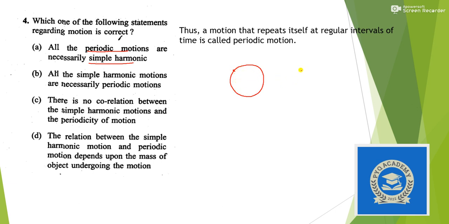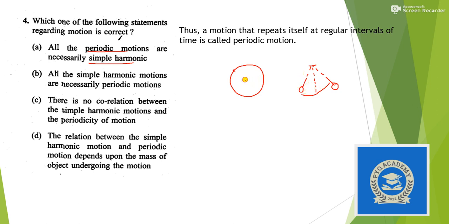In simple harmonic motion, there should be a to and fro motion from a particular mean position. This is the mean position and this is the to and fro. This is also a periodic motion because it is repeating itself after a particular period of time.